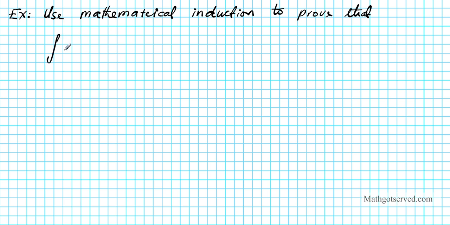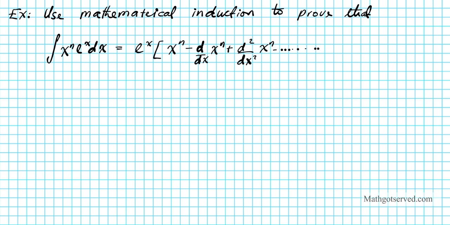the indefinite integral of x to the n e to the x dx equals e to the x times x to the n minus the first derivative of x to the n plus the second derivative of x to the n minus, all the way down to plus (-1) to the n of the nth derivative of x to the n.